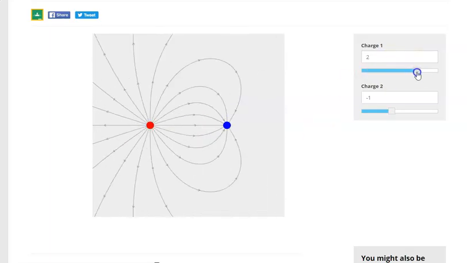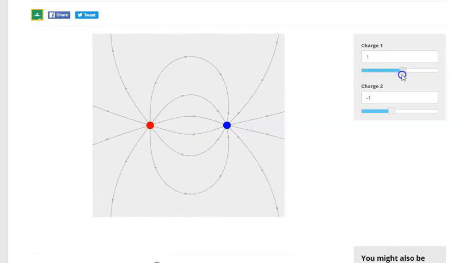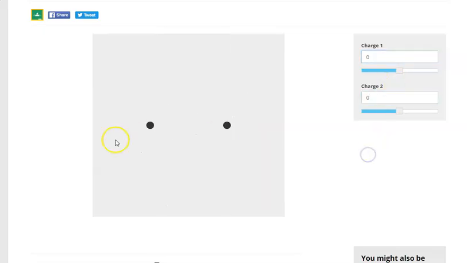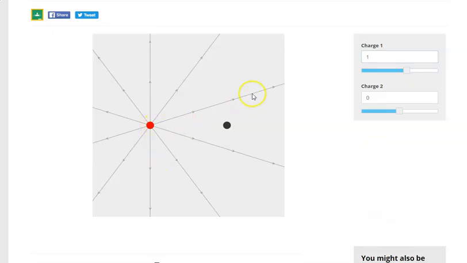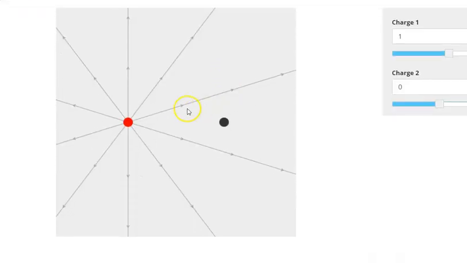I don't know if you can see or not, but red is going to be positive. If I make them both 0 and 0, no field lines. Charge 1, I make positive 1. There are my field lines. Let me zoom this in a little bit. You can see that they're pointing away because it's a positive charge.